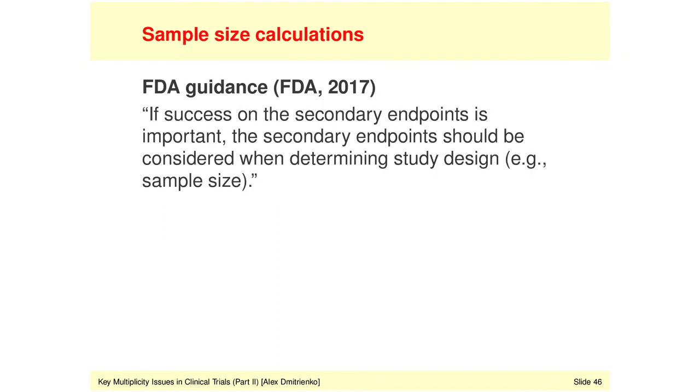To answer this general question, it would be useful to take a look at the FDA guidance on multiple endpoints, and it's interesting that this guidance provides a direct answer to the question. It emphasizes that if success on the secondary endpoints is important, the secondary endpoints should be considered when determining study design, for example, sample size.